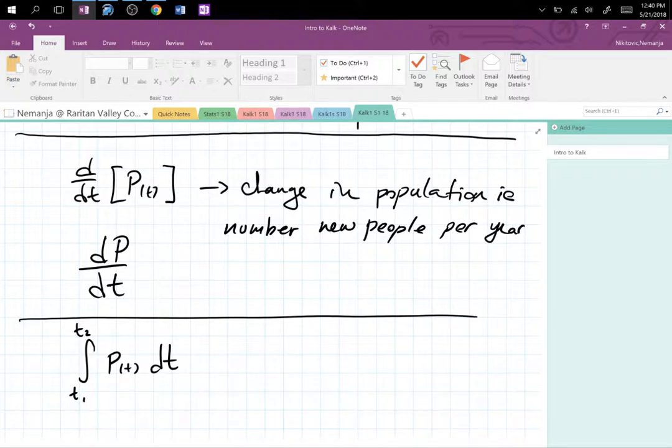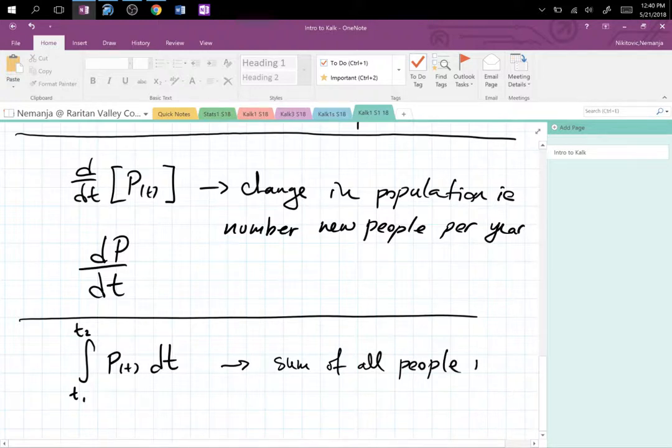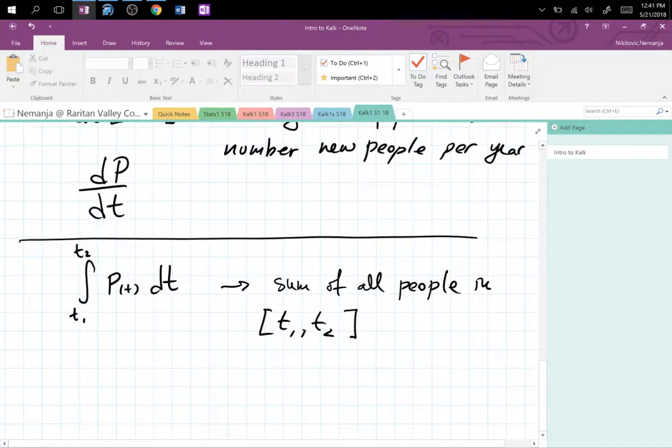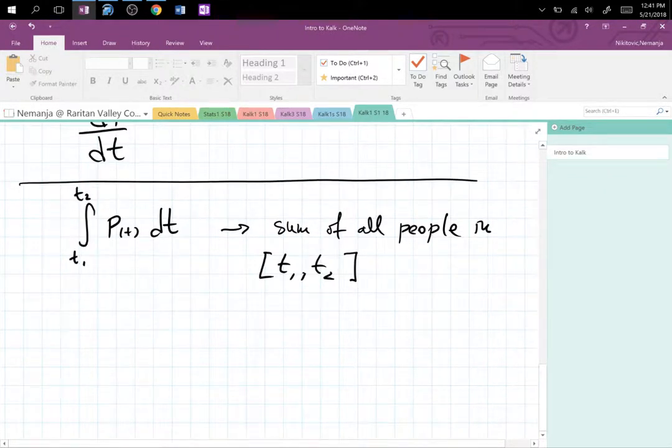So the integral will give me the sum of all people in interval t1 to t2, right, inclusive. So that's what the integrals do. They give us accumulation. They give us sum.